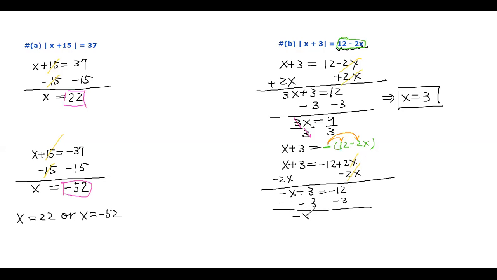So it's negative x is equal to negative 12 minus 3, which is what? Negative 15. Okay, divided by negative 1, divided by negative 1. All right, so here this one cancels, so this negative cancels. So what is my x here? X equal to 15.